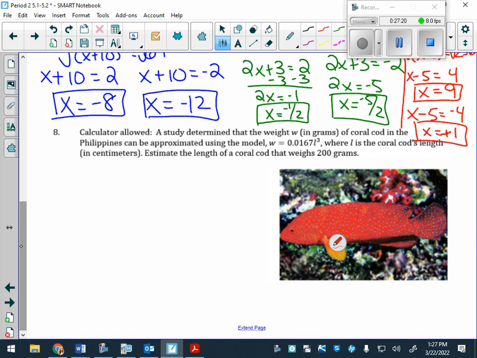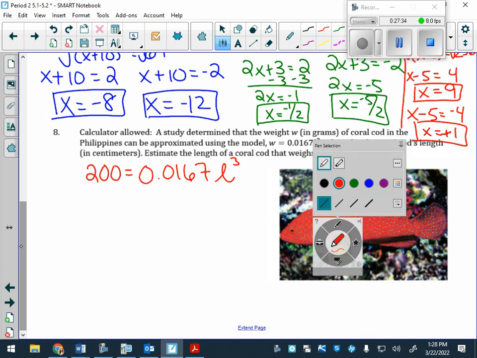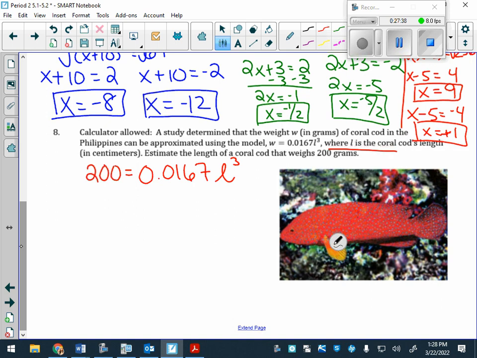Jack. Good. Excellent. So we would set it up as follows, because we're trying to find the length. All right. Then what do you do? Cyan, go ahead.